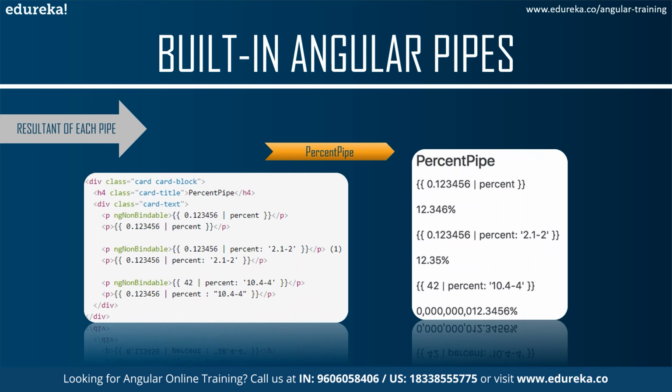Similarly, in our percentage pipe as well, it is corrected to 3 and 2 respectively. But if you don't specify any particular pointers here, it will correct to the maximum number of pointers that it can take. Now, we have almost covered everything in our built-in Angular pipes.